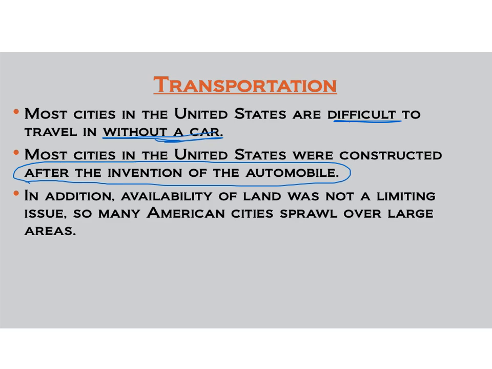Also in the U.S., as our cities spread out, we had the advantage of being able to spread out over land. We had the land available. All right, land was not a limiting issue. We have a fairly large country, and if you think of our country west of the Mississippi River, there's a lot of wide open area.